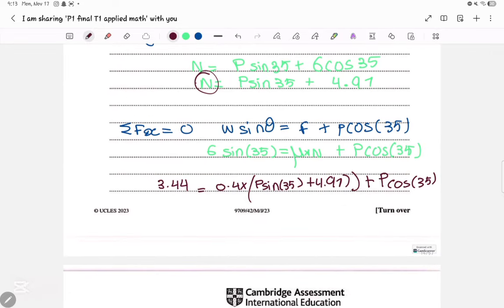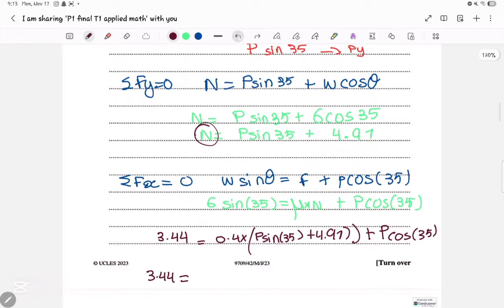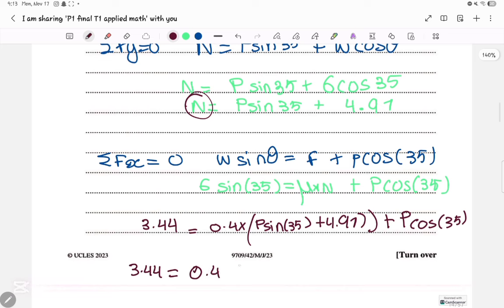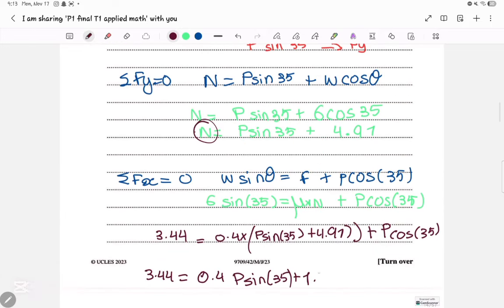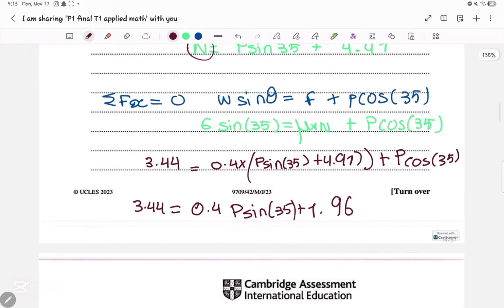Now we just need to solve. So 3.44 is equal to 0.4, oops, my bad, is equal to 0.4 P sine 35 plus 4.91 times 0.4. That is 1.96 plus P cosine 35. 0.4 times sine 35, how much is that?